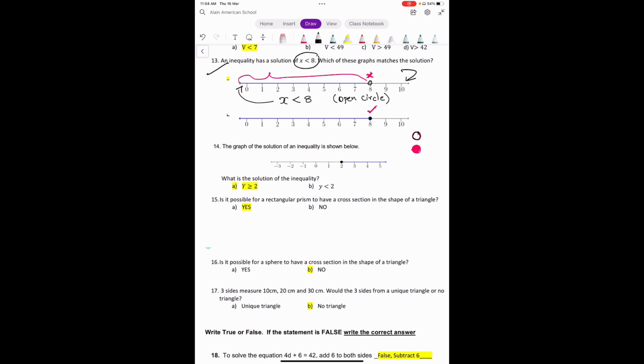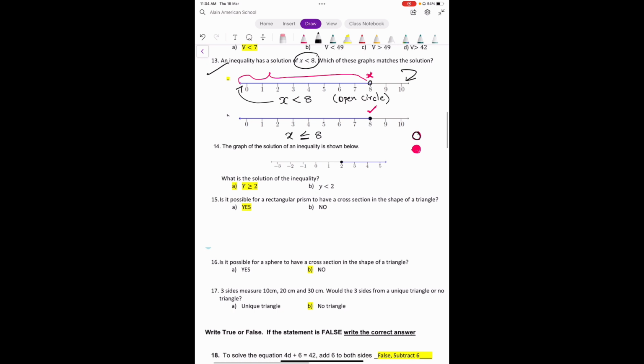What is the case in the second one, 0 till 8? The x value is less than, of course, 8, but I am also considering the value of 8 because it's a closed circle. It's less than or equal to 8. This is how you will look at it.